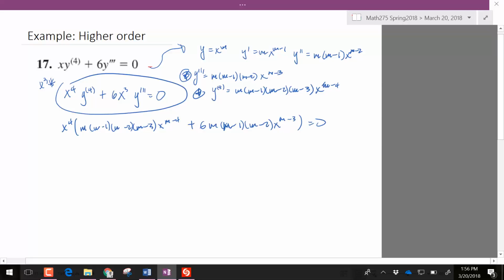And then they all have x to the m that we can take out. m minus 1, m minus 2, m minus 3, plus 6 times m minus 1, m minus 2.